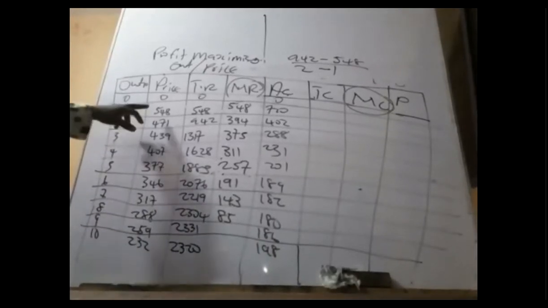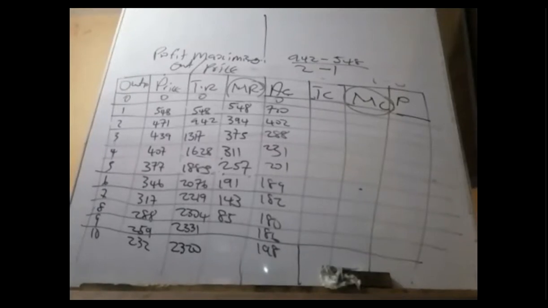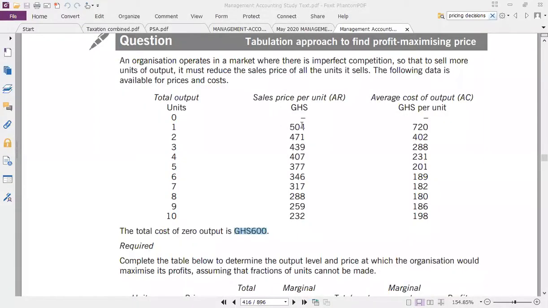The price for 1 unit is 4. Hey, another trouble. Let's go to the question. Let's confirm from the question. Please kindly confirm. The price for 1 unit is 504. Not 548? Trouble.